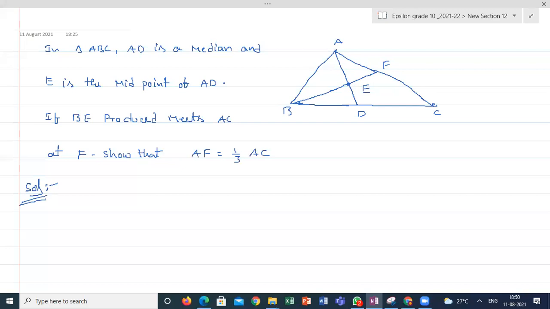Please try to solve this question, guys. Understand the situation, understand the given data, and try to solve. ABC, AD is the median, and E is the midpoint of AD. And I am joining BE and extending towards AC, and it is meeting at F. So I want to prove AF is equal to 1/3 of AC. That means AF by AC is equal to 1/3.